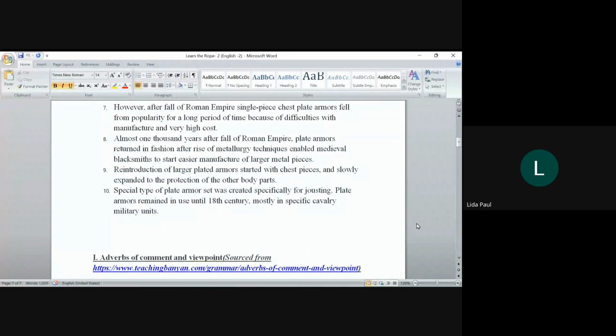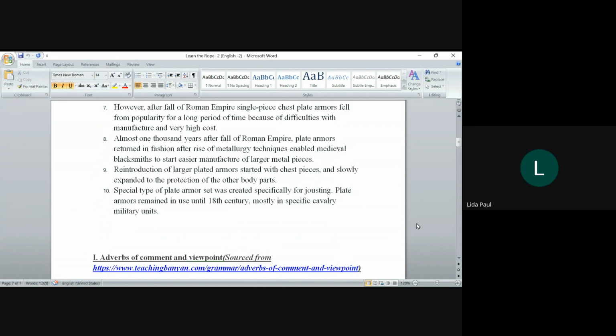What's the answer for this one? 10th one, the first line. Is it that difficult? Specifically, right? Specifically, okay. How specifically? Created specifically for jousting. How was it created? It was specifically created for jousting.